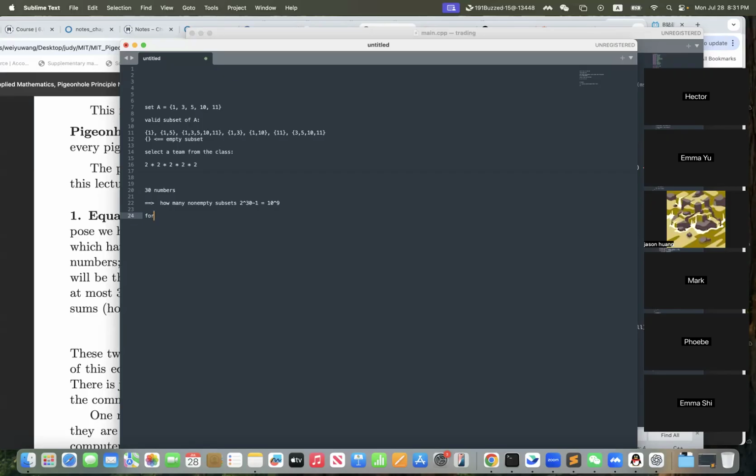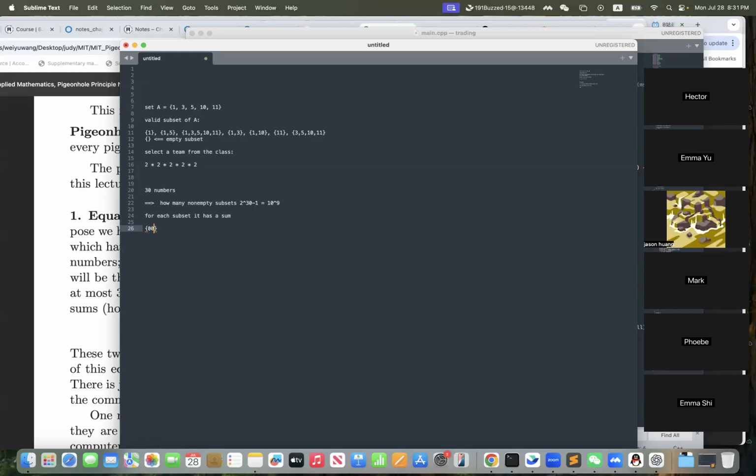And for each subset, it has a sum, right? So what does it mean by having a sum? Say subset one has 7-digit numbers.